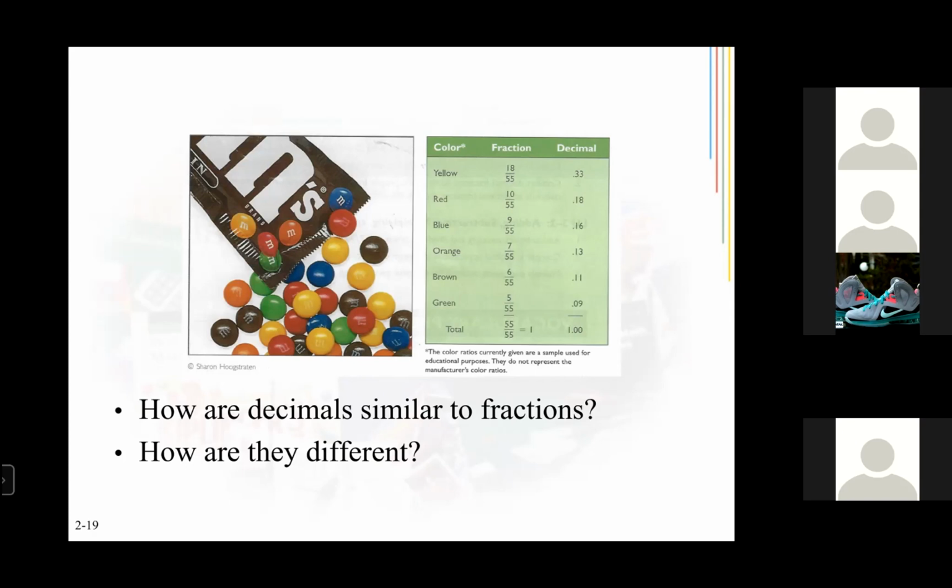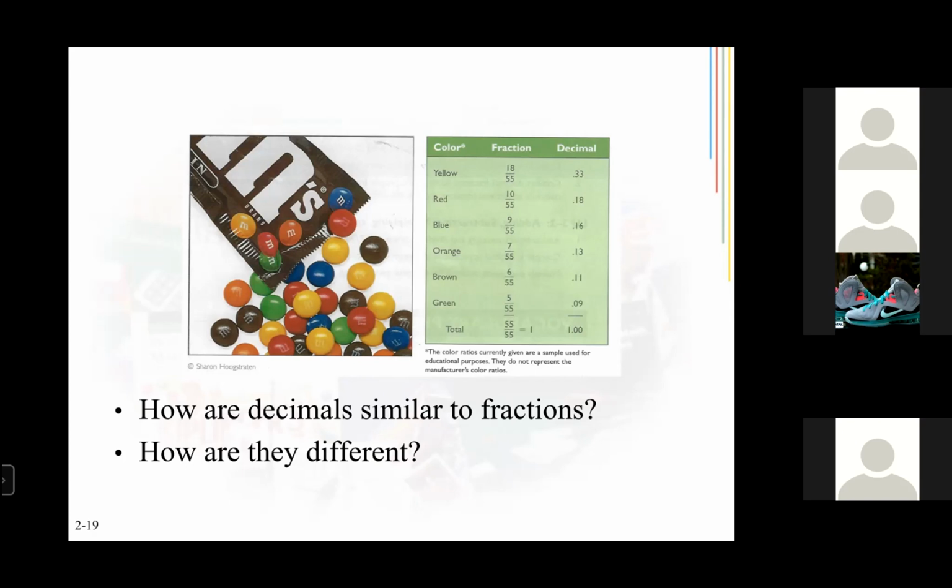In this particular pack of M&Ms, they have 55 individual M&Ms, and they have represented the different colors as a fraction of the whole. So yellow is 18 out of 55, red is 10 out of 55, and so on. And of course, the total ends up being 55 out of 55, which is one whole.